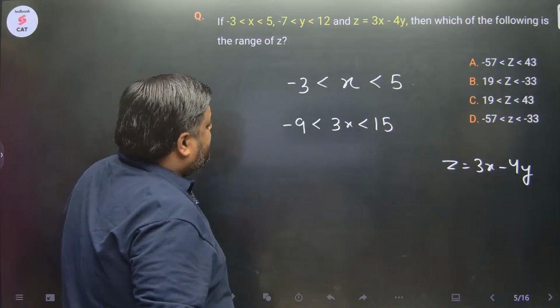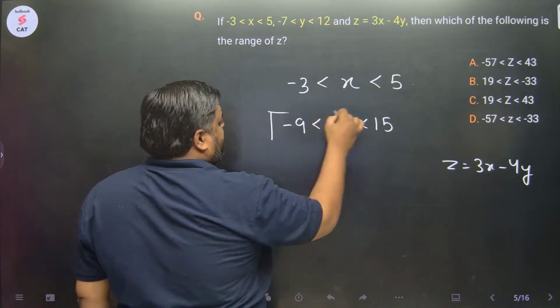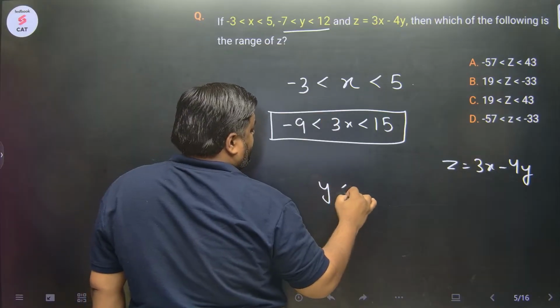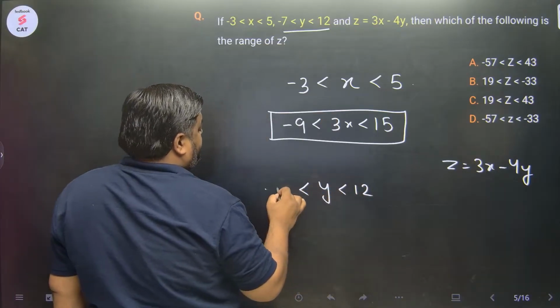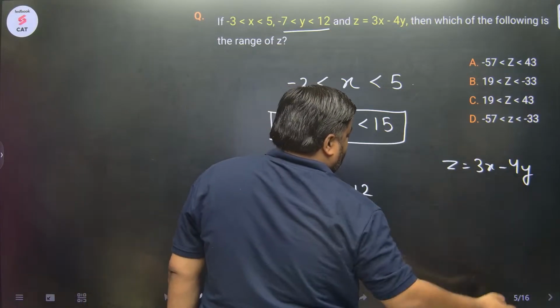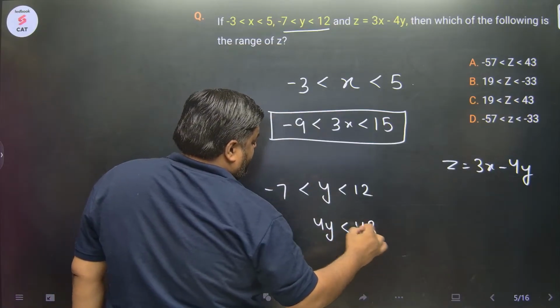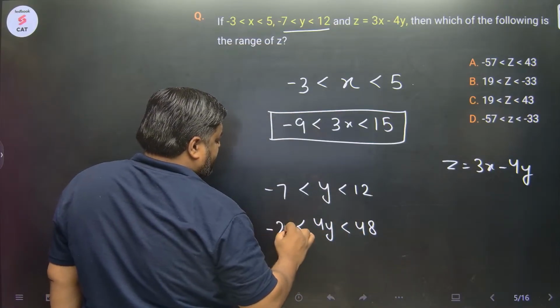Bolo yes sir. Right, this is the range of 3x. Similarly, y lies from minus 7 to 12. I am looking for 4y. 4y will lie from minus 28 to 48, right?